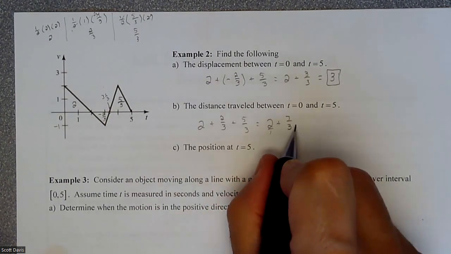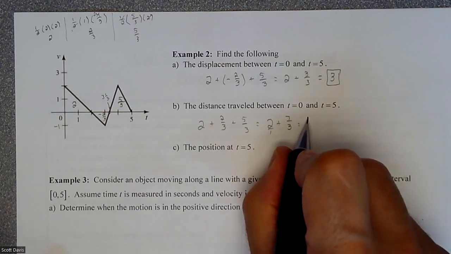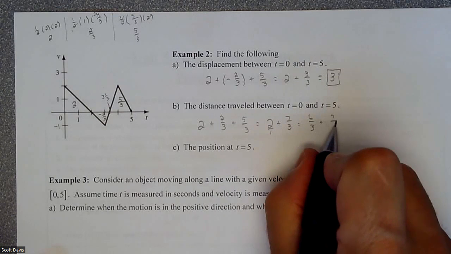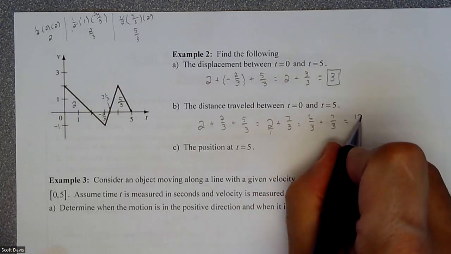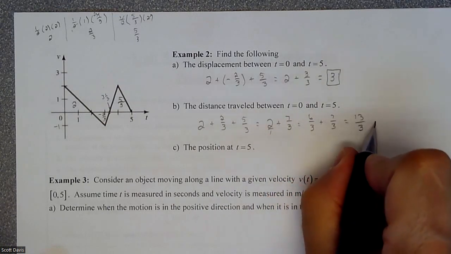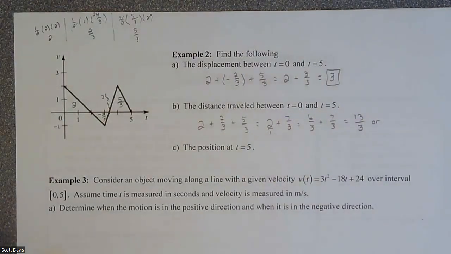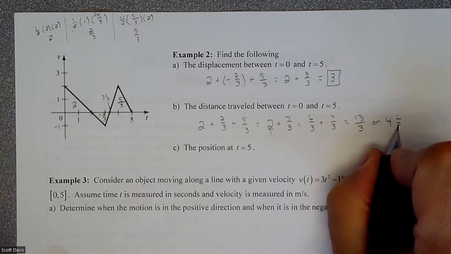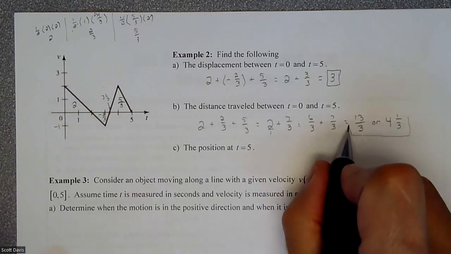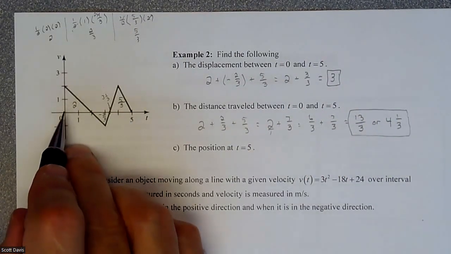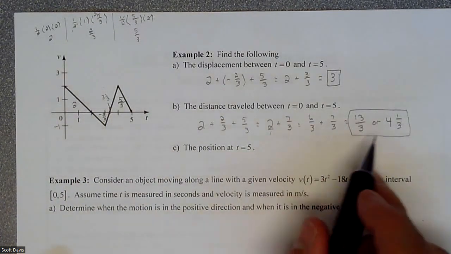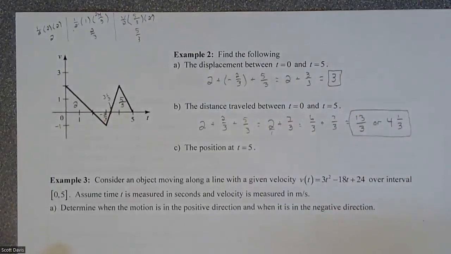If I put that over 1, that's going to be 6/3 plus 7/3 equaling 13/3, or 3 goes into 13 4 times with 1 left over. So that's our total distance. So we moved right, we moved left, and then we moved right. So that total right, left, and then right would be a total distance of that.